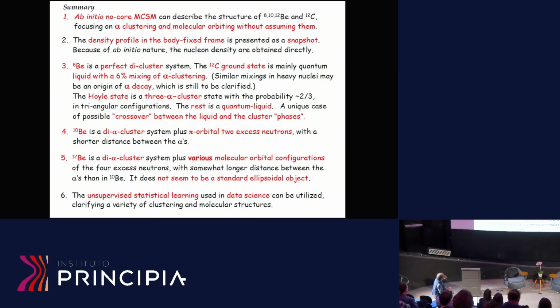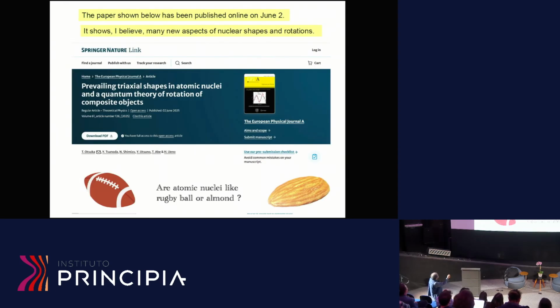So just taking the last 1 minute, let me make one advertisement. This is our paper. This paper was published just 2 days ago. That's about nuclear shape and rotation.